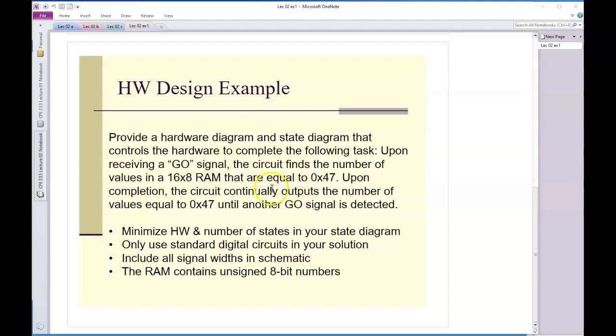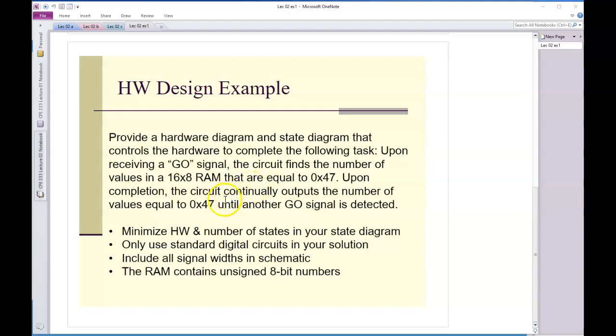This value is going to be persistent. Essentially, what's going to happen in the circuit is I'm going to get a go signal. Sometimes I use a button. I get a go signal and start counting the number of values in that RAM that are equal to the hex number 47.